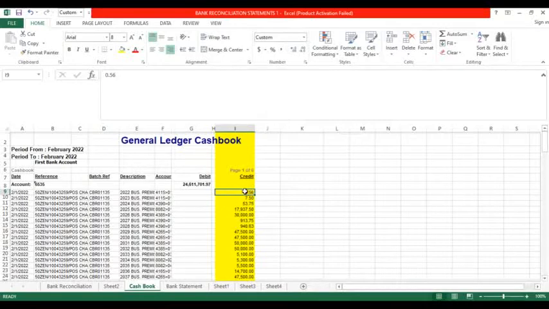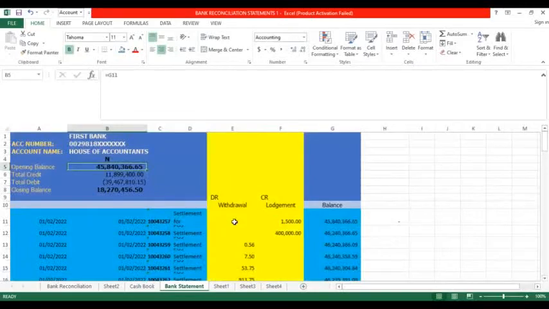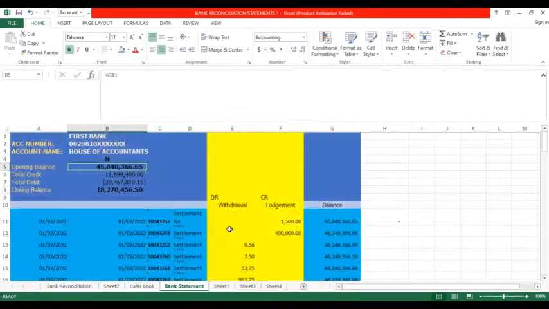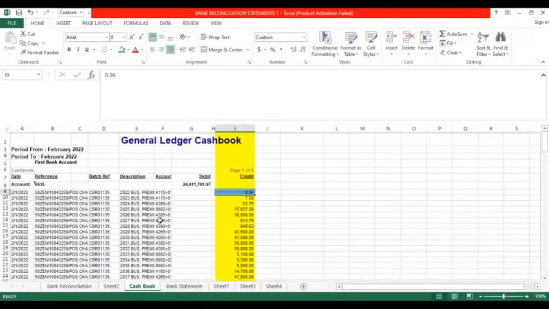This in a cash book, which is 0.56. Do we have it in bank statements? So don't forget, because this one is in credit here, it's going to be debit in bank statements. So you start ticking it one after the other, what you can see in cash book and what you can see in bank statement.